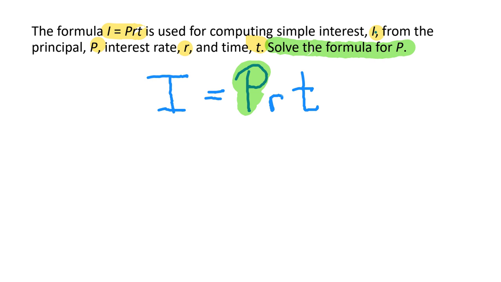That's step number 1. Now, P is connected with R and T. Well, when letters are next to each other, they represent multiplication. So therefore, we want to undo the multiplication that put P, R, and T together. So if multiply is what we did, then we are going to divide both sides by RT.